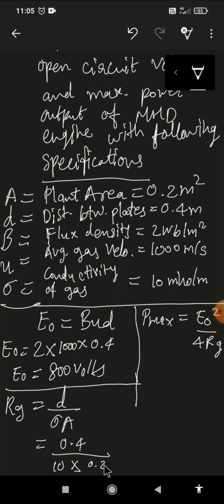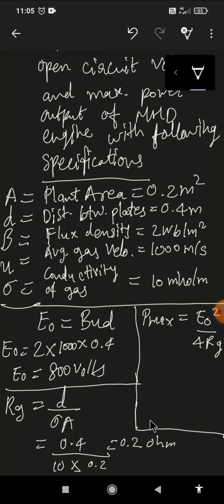So it is 2 by 10, so it will come to 0.2 ohm. So we got resistance as 0.2 ohm.